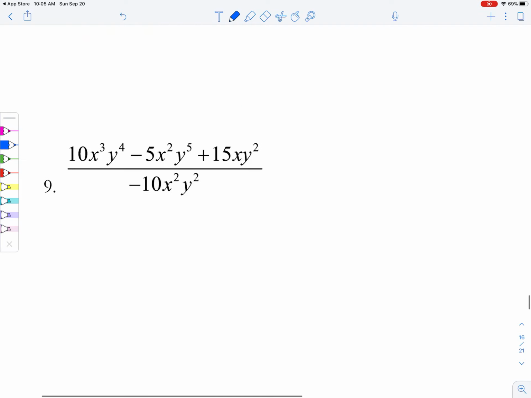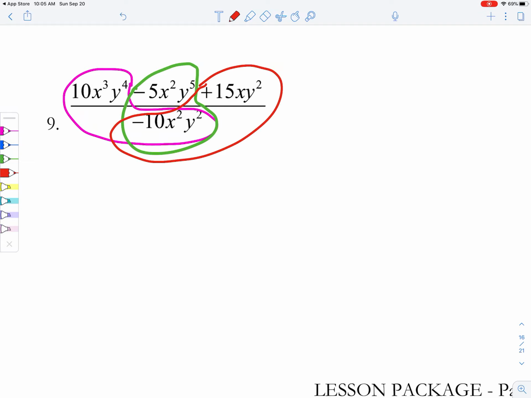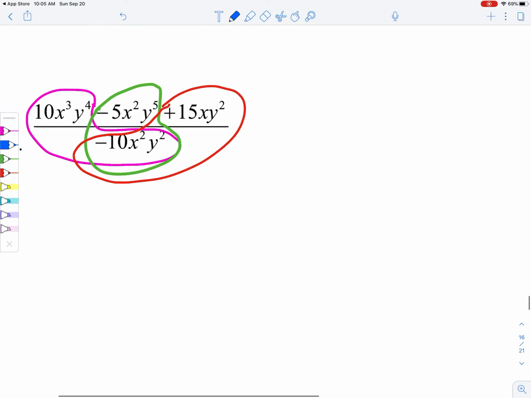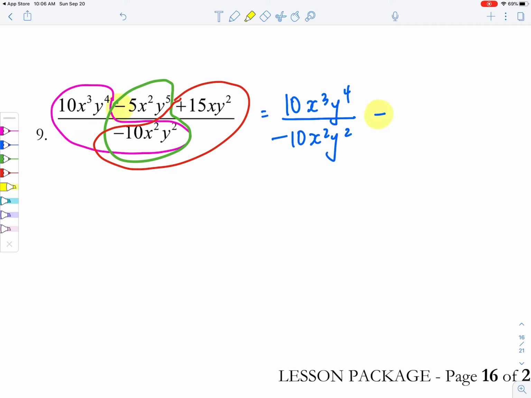The third one of these has 3 terms up top, so we're going to split it into 3 separate fractions. So the first fraction, writing it out, 10x cubed y to the 4 over minus 10x squared y squared, minus, because it was a minus sign, 5x squared y to the 5 over minus 10x squared y squared.